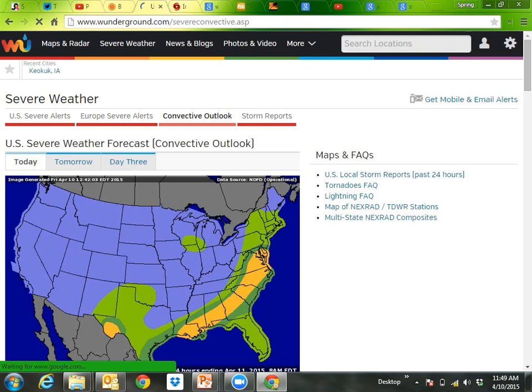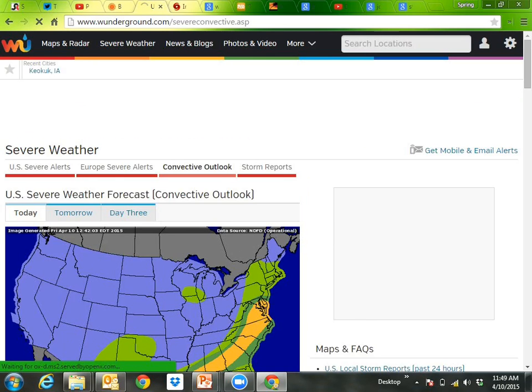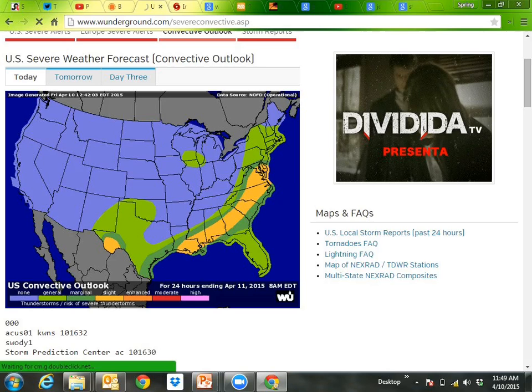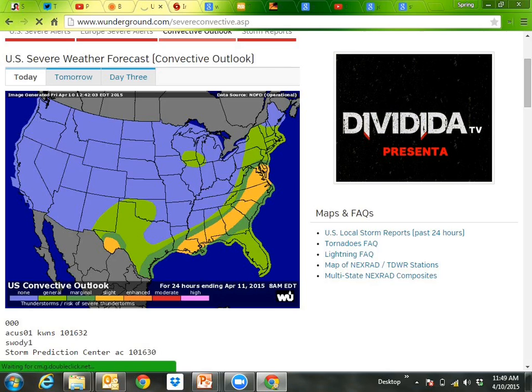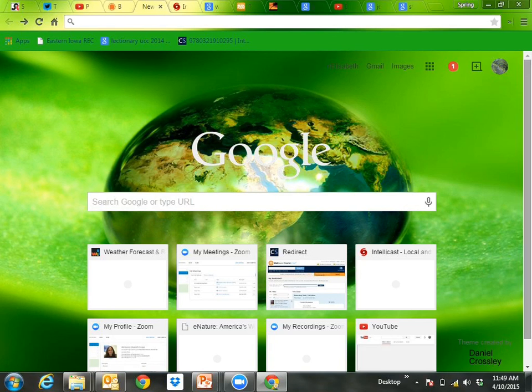So this is day one, today. Notice that this is, I think, just general severe weather. To understand a convective outlook, I always have to look at the key down here. So marginal, that darker color, means they have a marginal chance of having unstable weather. You have to look at the color code, but that's where you find it.